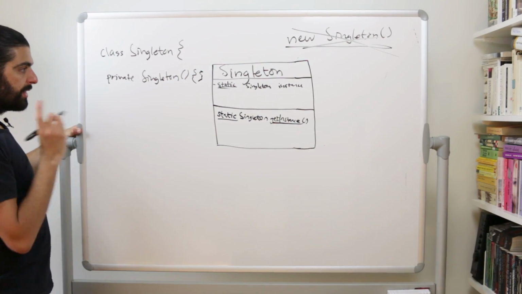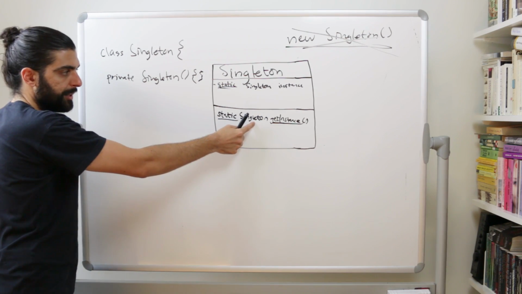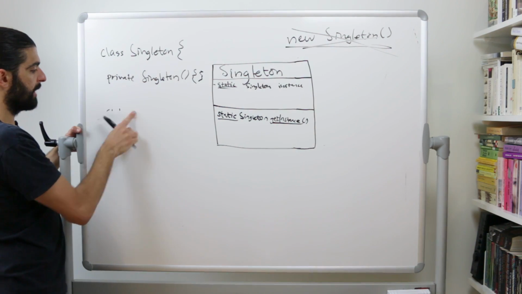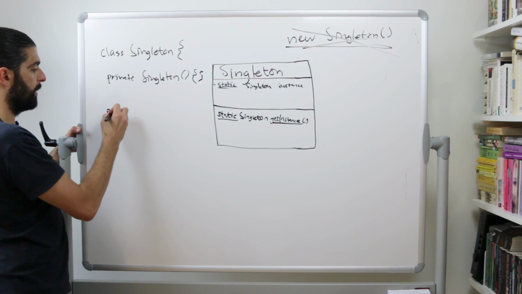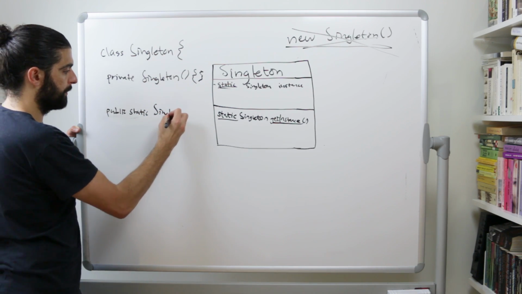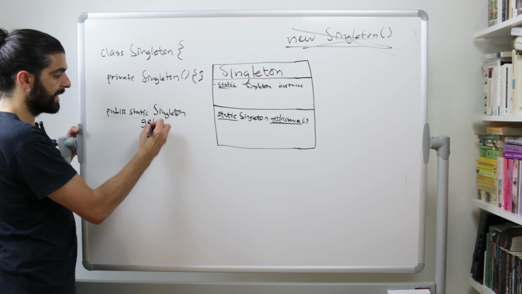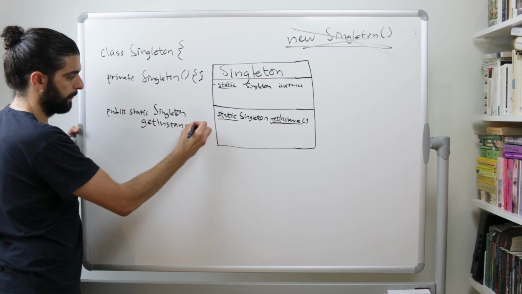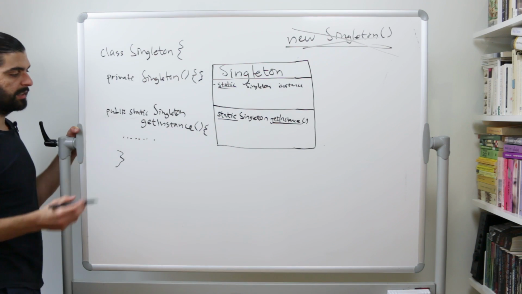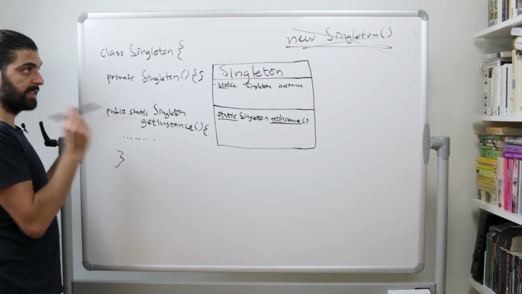Now, the constructor is private, and that's fine. Second piece, we then have the static method that returns a singleton and is called getInstance. So let's define that. We have a public static method that returns a singleton and is called getInstance. Sorry, I'm running out of space, I'm using 2 lines here. And somehow, I'll just put ... here, somehow this method will return a singleton instance.